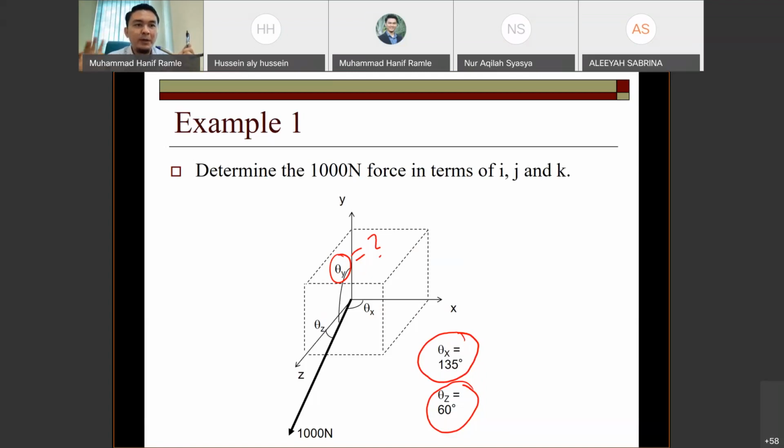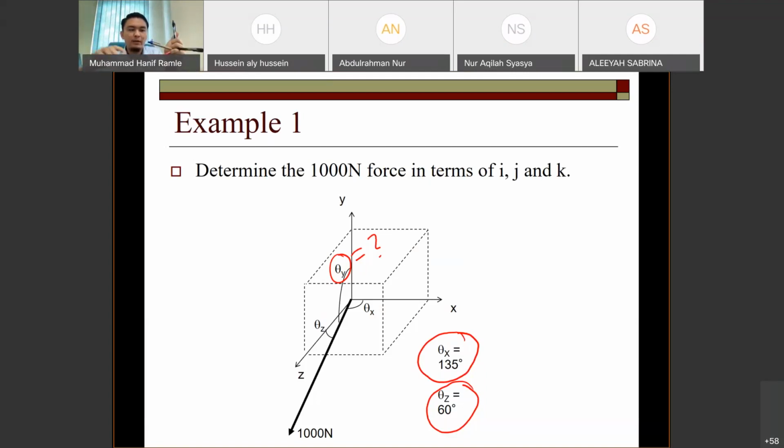Can you imagine right now? Yes, doctor. Is there any problem? So if you want to imagine where is the force, you can use this method. You put the x, y axis like this using pens, and then you can introduce another pen as the force like this.